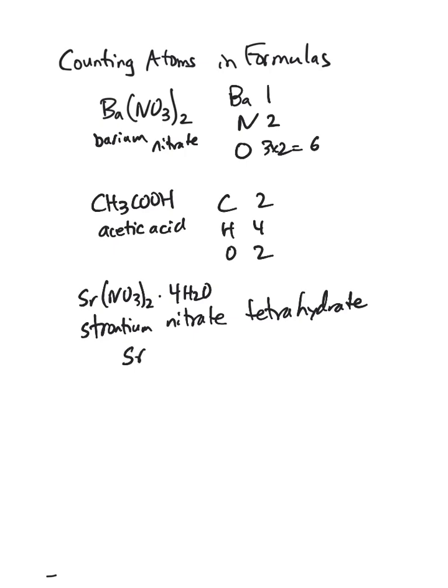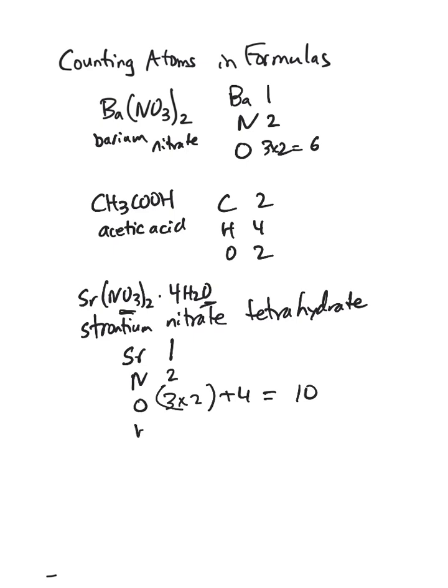We've got 1 strontium, and then like the nitrate from the barium nitrate up above, we've got 2 times 1, we've got 2 of those. And then for the oxygens, we've got 3 times 2 from the nitrate, but we also have 4 from the waters of hydration. So in all, there are 10 oxygens in strontium nitrate tetrahydrate.